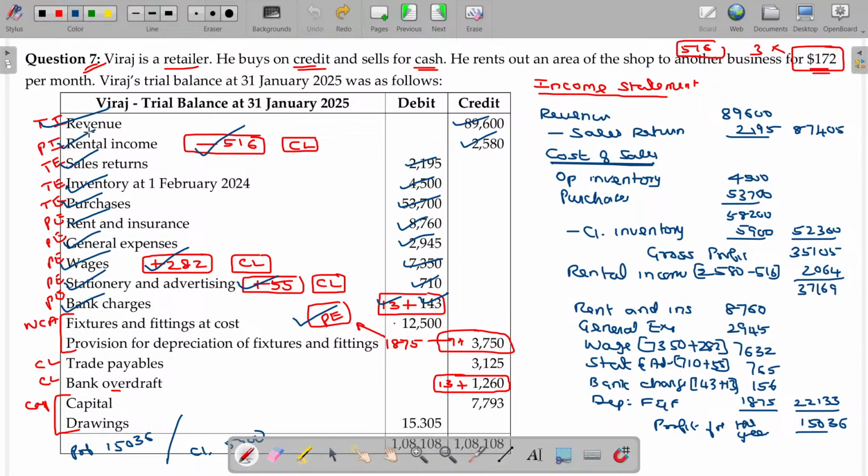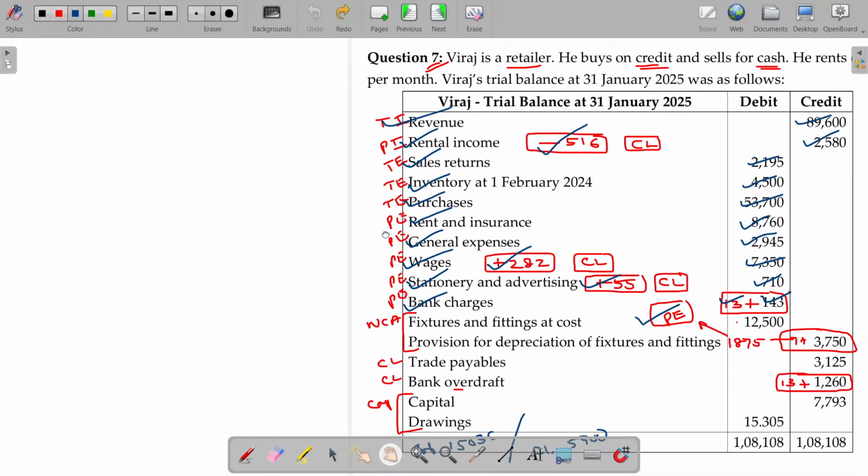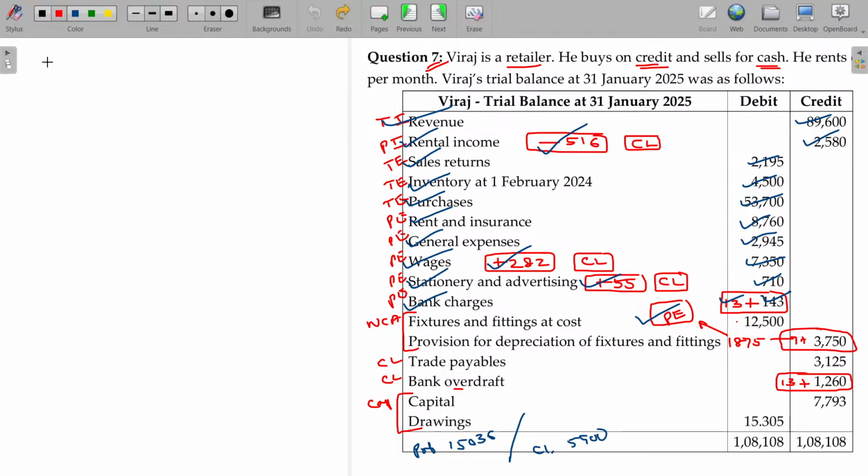Yeah. So I'll move the page this side. I prepare now the financial position statement. Under the financial position statement, we have to prepare all the assets and liabilities values here.